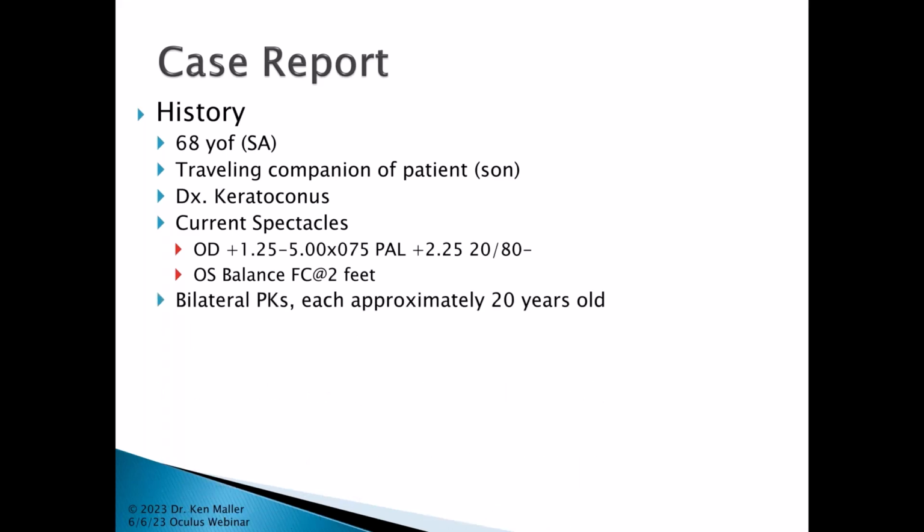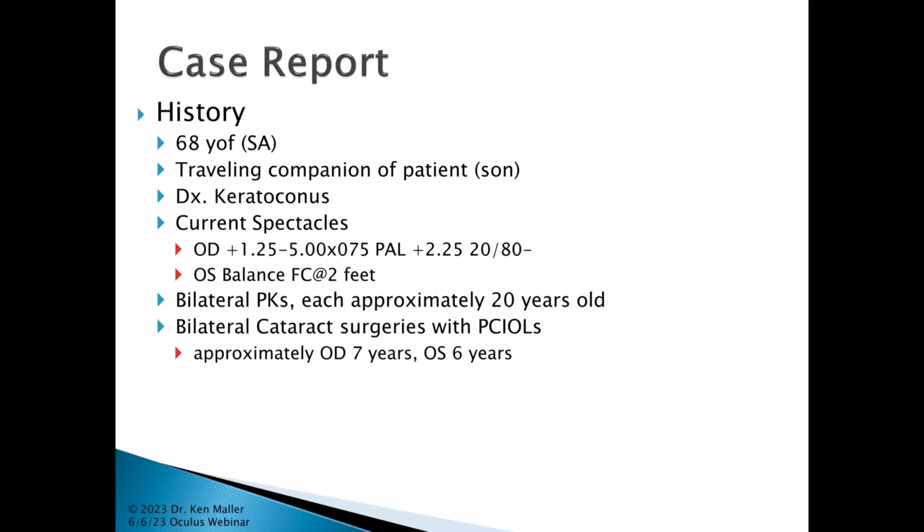She had bilateral PKs. They were both 20 years old. She had also had bilateral cataract surgeries with implants, the right eye about 7 years prior, and the left eye about 6 years prior. Prior to the PKs of 20 years ago, she had a very successful history of hard lens and GP wear for better than 20 years.